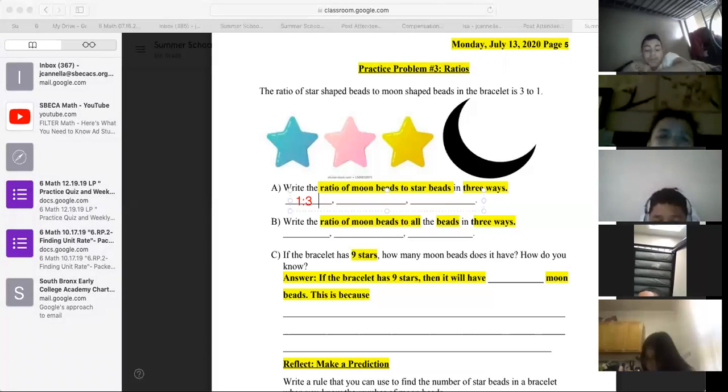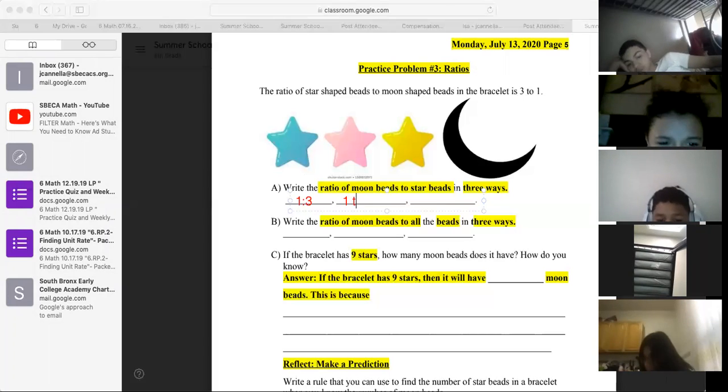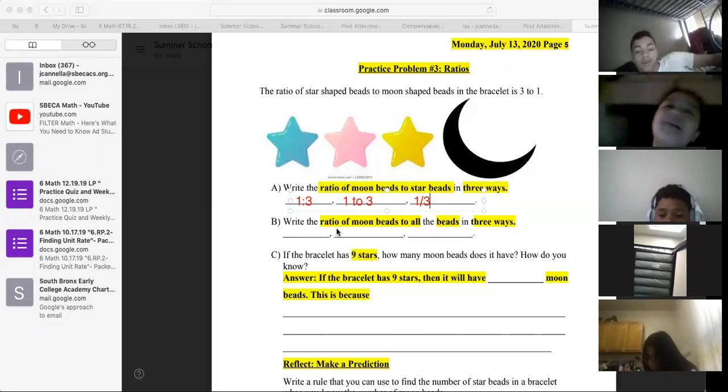Give me another way to write it. 1 to 3. And give me the third way. You just said it. As a fraction, 1/3.